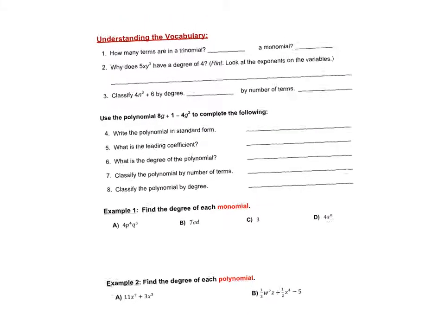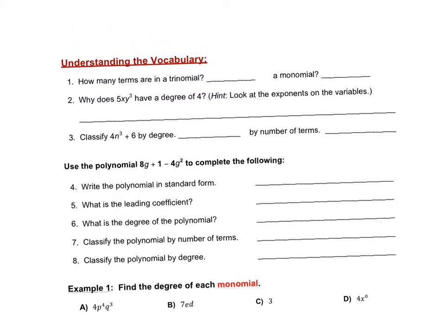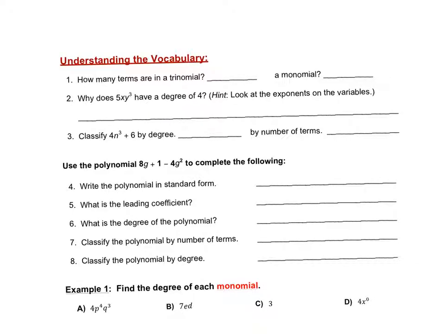So let's just make sure we understand the vocab. A trinomial has 3 terms. A monomial has 1 term. Why does 5xy cubed have a degree of 4? Because the exponent of the x is 1, and the degree of the entire term is the sum of the exponents.